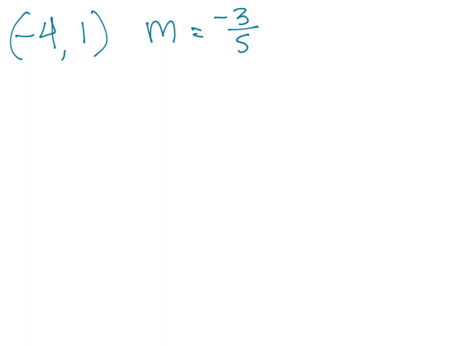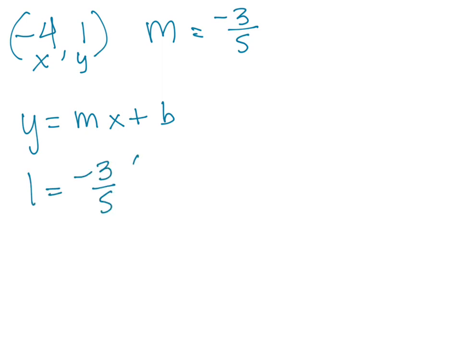Last time we did point slope. This time let's do slope intercept. Is that okay with y'all? So y equals mx plus b. Y is going to be 1. M is -3/5. X is -4 plus b.